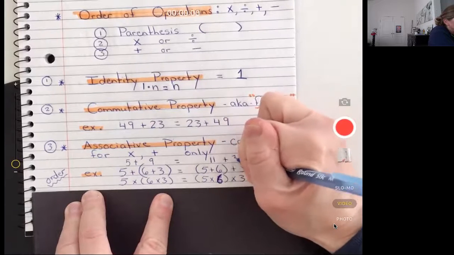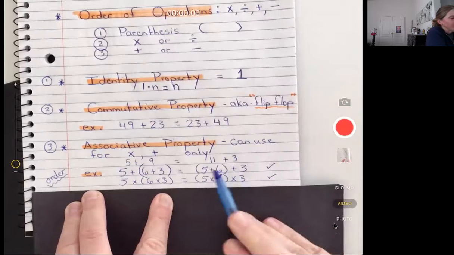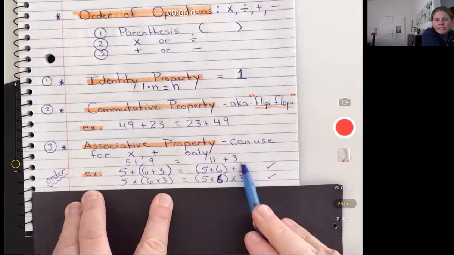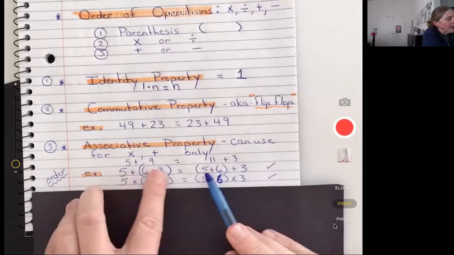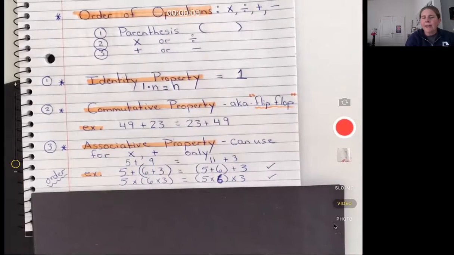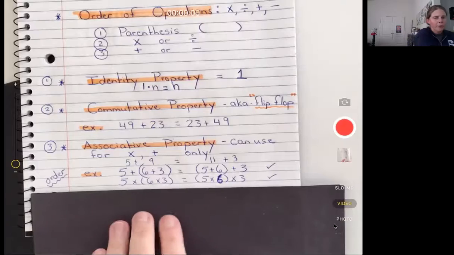I finish this side. 11 plus 3 also equals 14. So you can see that with addition, even though I'm doing my order, I'm still going to get the same answer. Okay, only multiplication and addition that works. Can't do that for subtraction or division. So you've got to really follow the order.